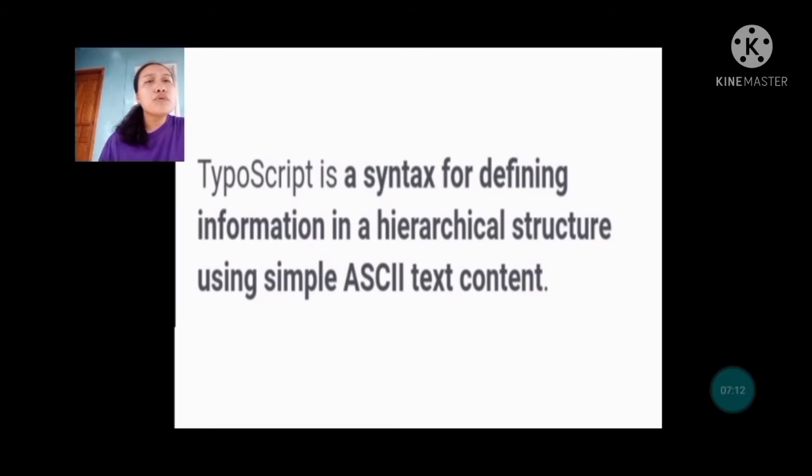So typoscript is the syntax to define information in a hierarchical structure using text content. That is also what typoscript uses for letters.